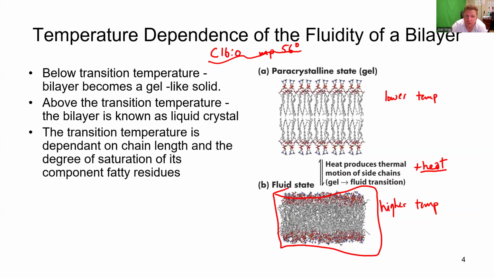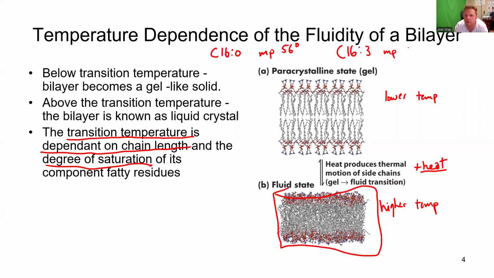Now, the transition temperature is dependent on chain length and the degree of saturation of the component fatty acids. Let's read that and think about that for a second. Transition temperature is dependent on chain length and degree of saturation. If we think back to individual fatty acids, I gave you one that was 16 carbons long with a melting point of 56 degrees Celsius, and then you also had C16:3.